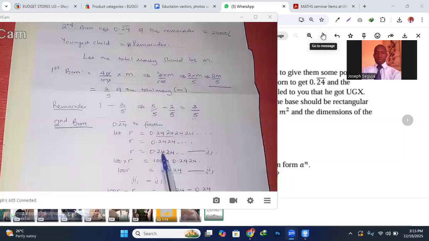So since there are 2 decimal places, you multiply by 100, on both sides.